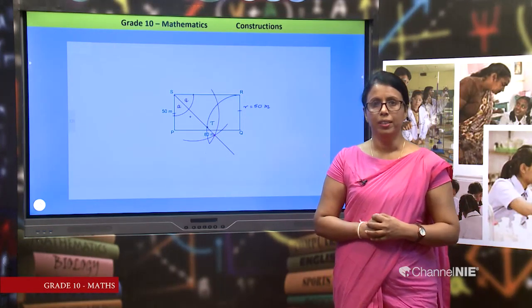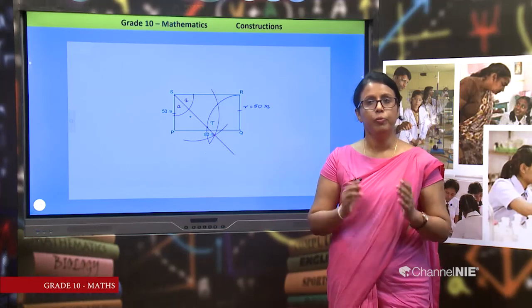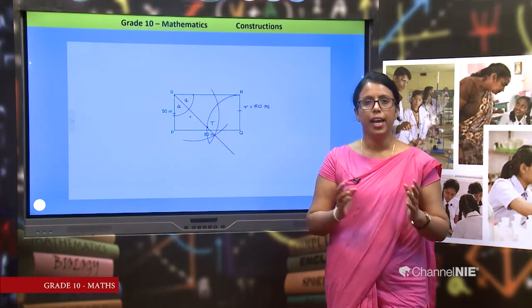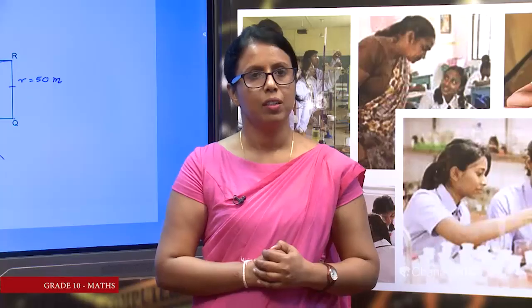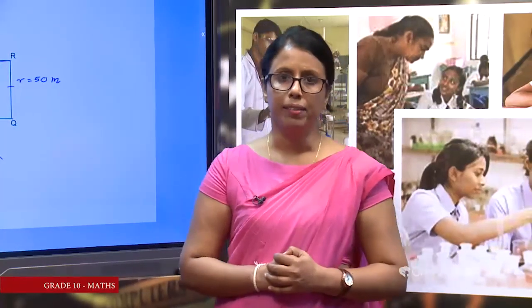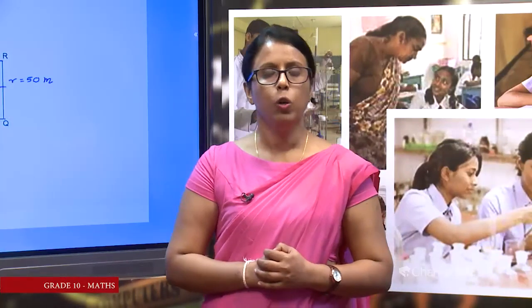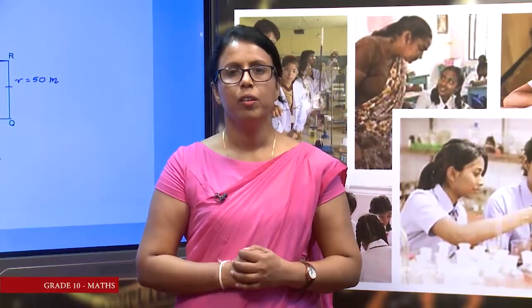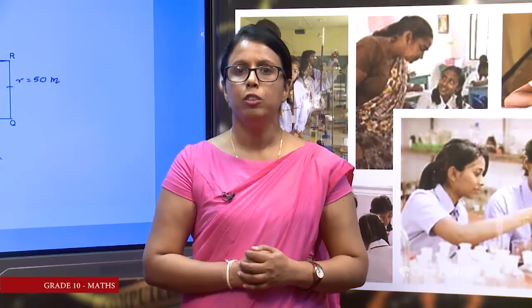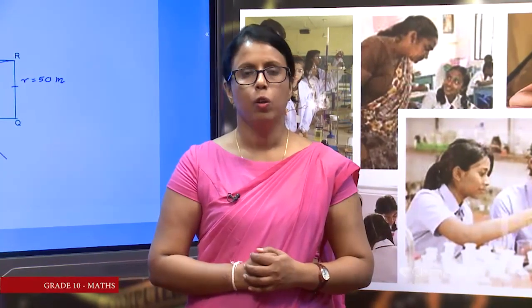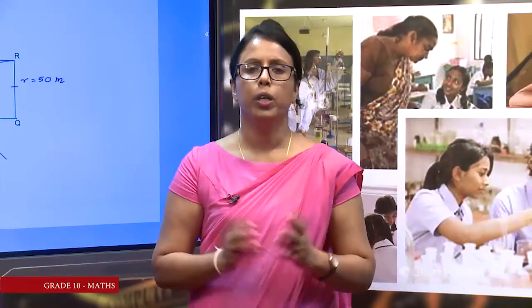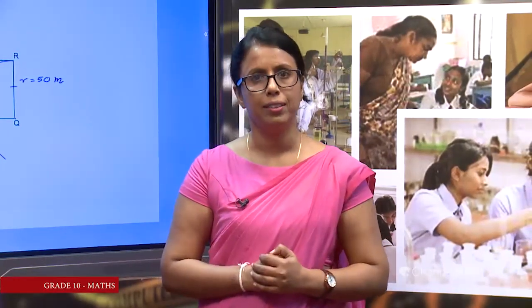Next we learned the fourth locus, that is the angle bisector. What is the angle bisector? The locus of a point moving equidistant from given two straight lines.